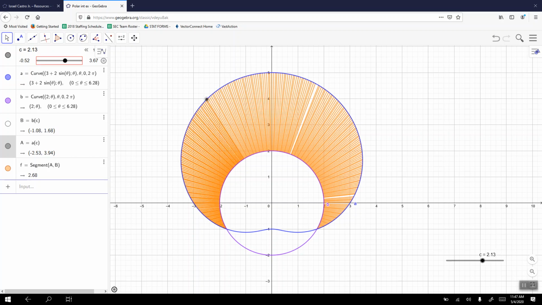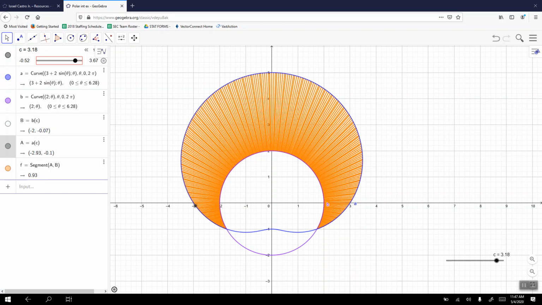So notice we have this area being traversed here, or being sketched out, right? All of these line segments here represent those radii measurements. And essentially what we're doing is we're taking all of these radii line segments and adding them up.